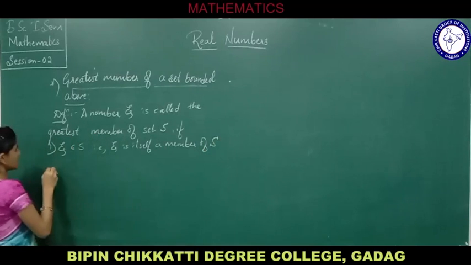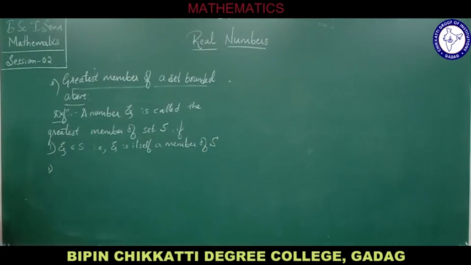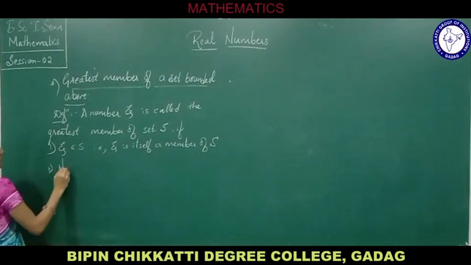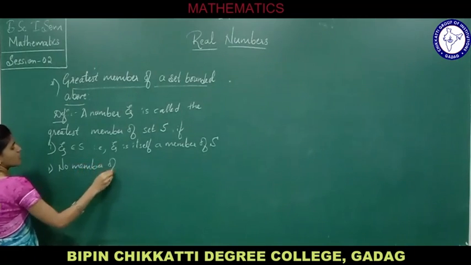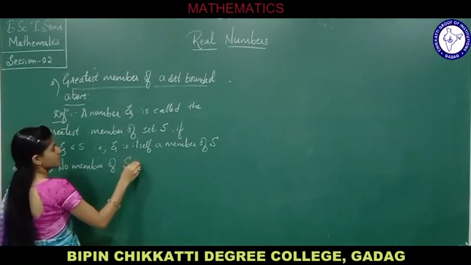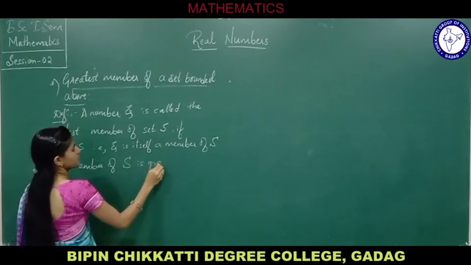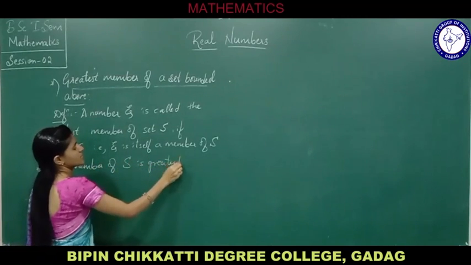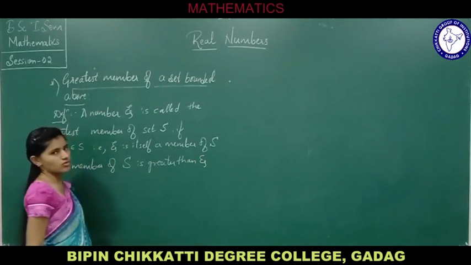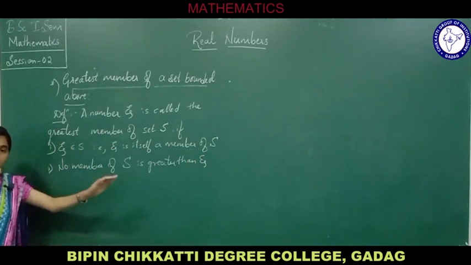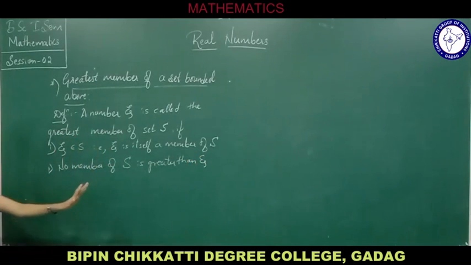And what about the next one? The next one is that no member of S is greater than epsilon. Obviously, for that number to be greatest, no number should be greater than epsilon.